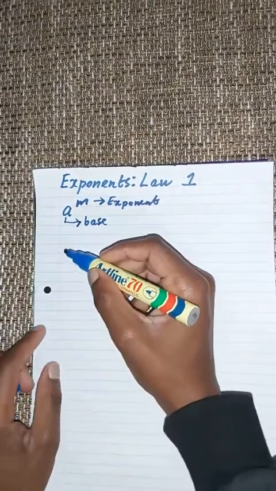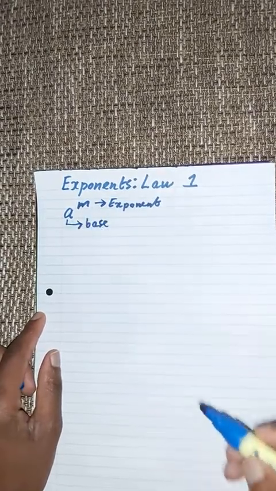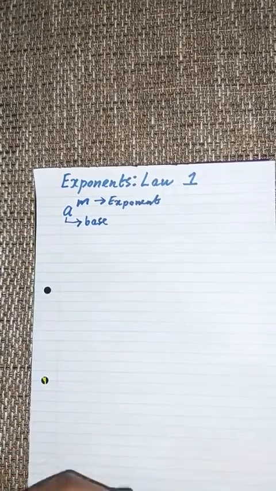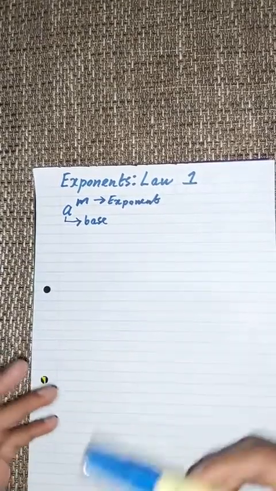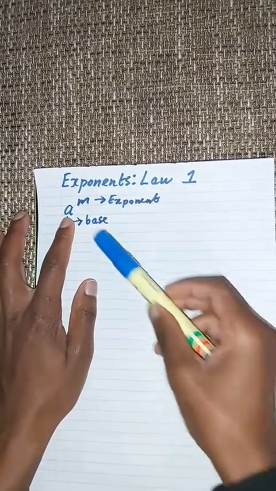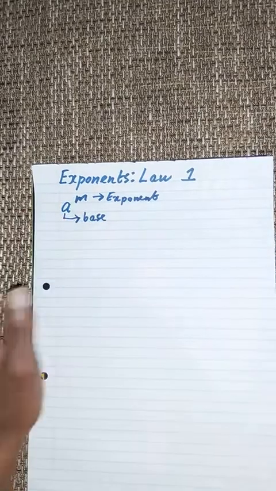This whole thing is known as a power, okay? But that's not really what we want to learn. I just want you to understand the difference between a base and an exponent. A base is usually at the bottom, and an exponent is at the top of your base.